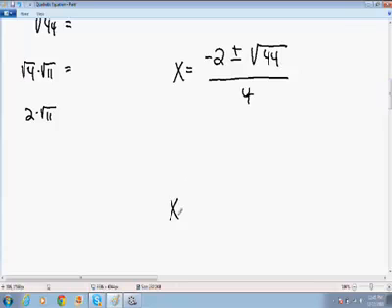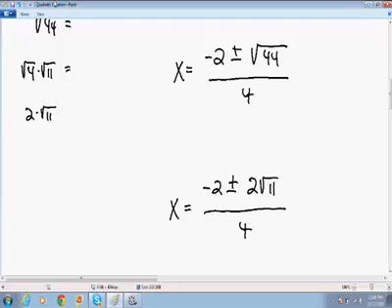Now I'm going to rewrite this equation as negative 2 plus or minus, instead of the square root of 44, 2 times the square root of 11, all divided by 4. Last but not least, we have to check if all the terms have something in common.